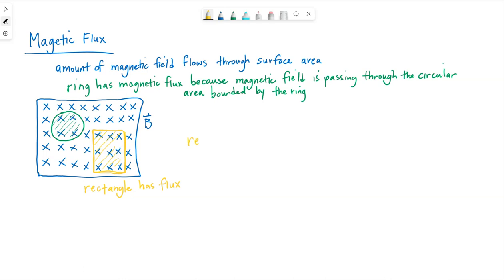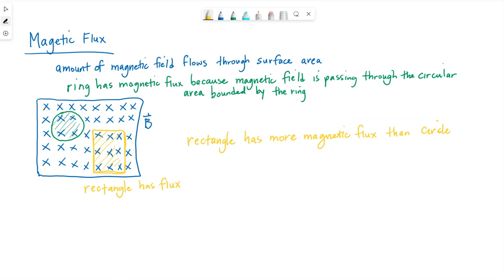So the rectangle has more flux than the circle, simply because it has a larger cross-sectional area, and that larger cross-sectional area allows for more magnetic field lines to pass through.